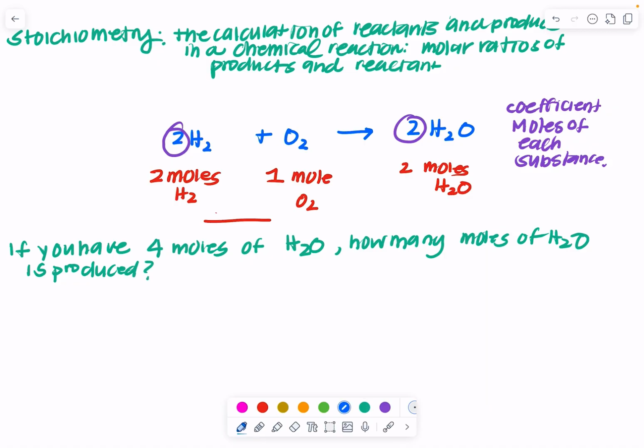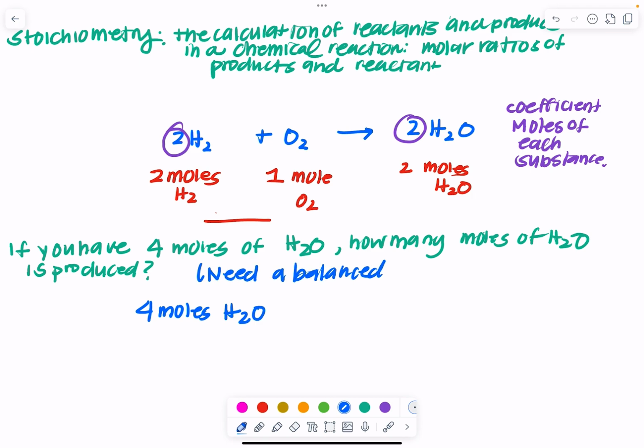So again, you can't do these without a balanced chemical reaction.